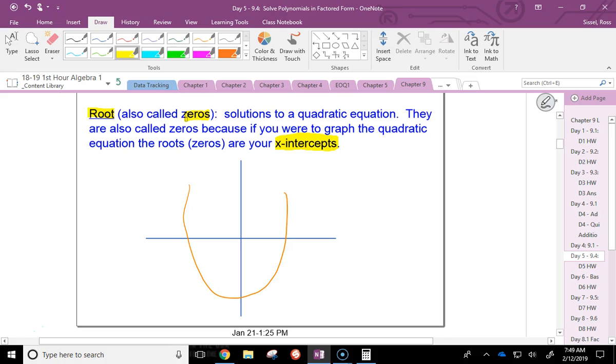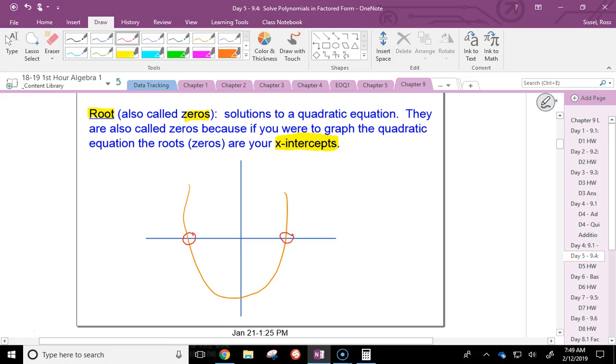What we are making with this quadratic formula is a parabola. When we graph these, they aren't going to be linear equations. They're going to have a curve to them. Our roots are going to be this and this.